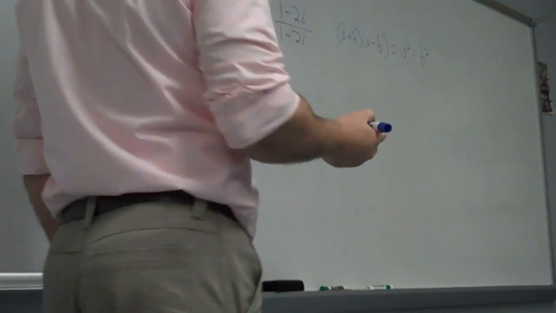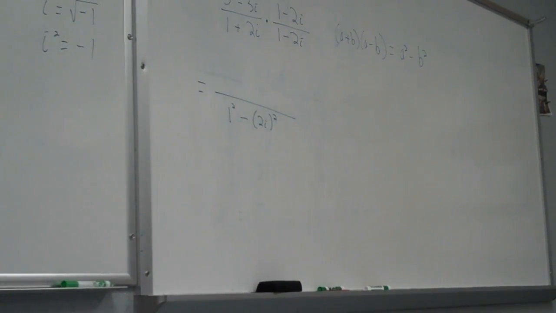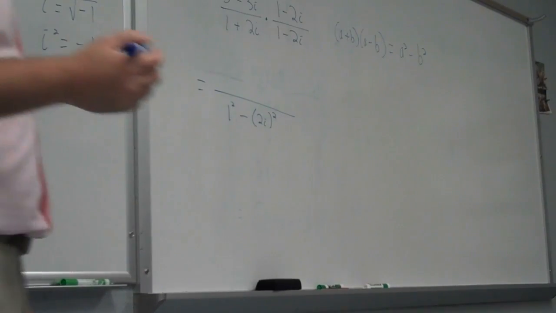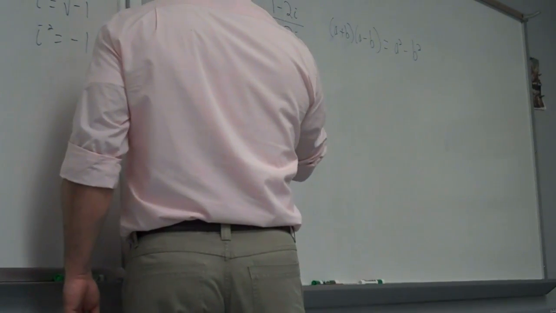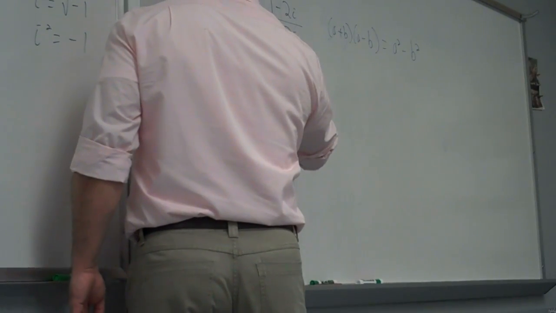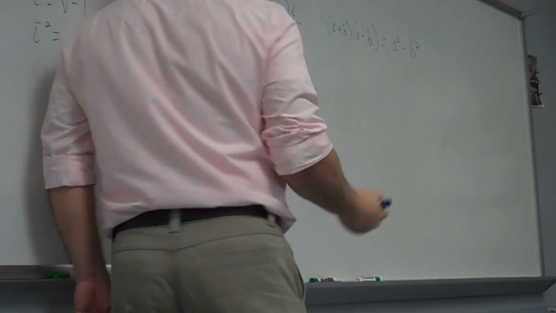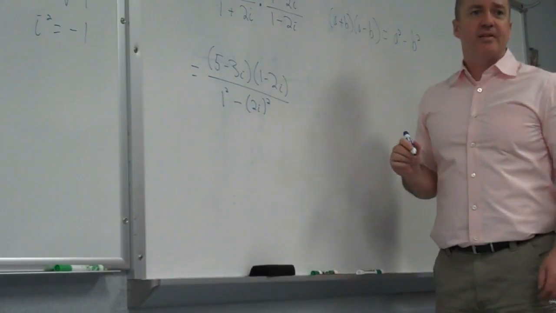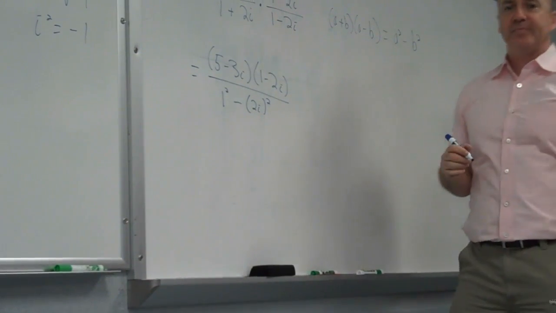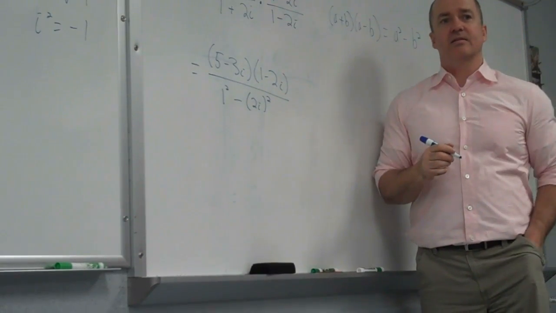And when I square 2i, am I going to have any i's left on the bottom? No, I won't. The top, unfortunately, still has to be figured out by foiling. I'm not going to work out the foiling, but I'm going to continue to work out the bottom. We just multiply it by 1 minus 2i.